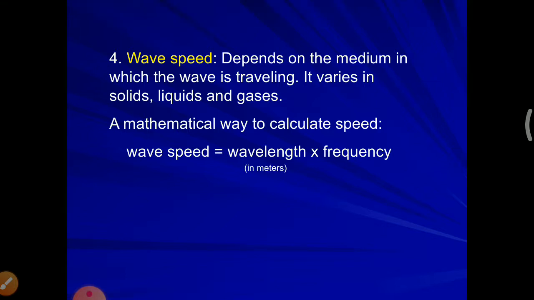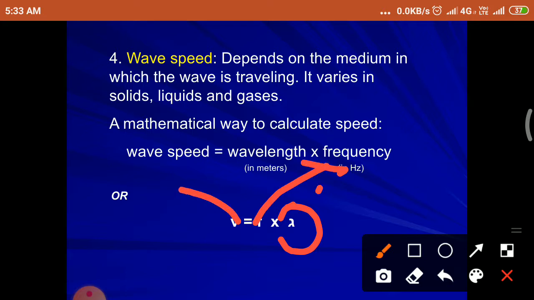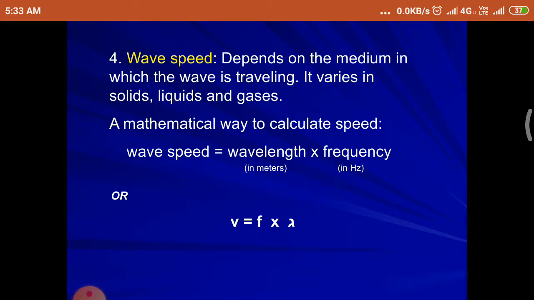The wavelength is in meters, the frequency in hertz. The wave speed is represented by the letter V, the wavelength is lambda and the frequency is F.